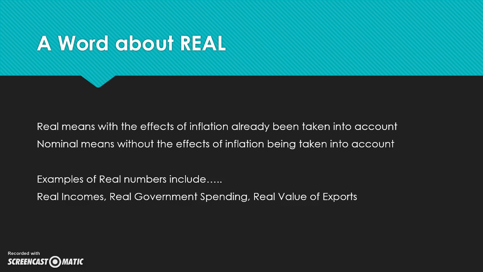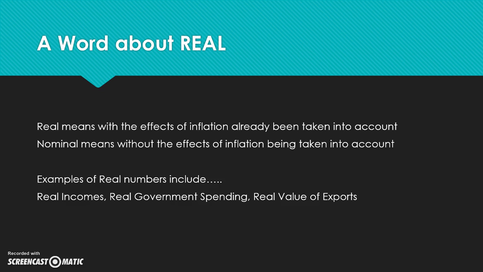So if you think about it, if I've got a choice between looking at the real numbers versus the nominal numbers, I should always use the real numbers, because nominal numbers don't really tell you the whole story. If I'm not taking into account inflation, I don't really know if something has increased in value or not. So real is always better to use than nominal.